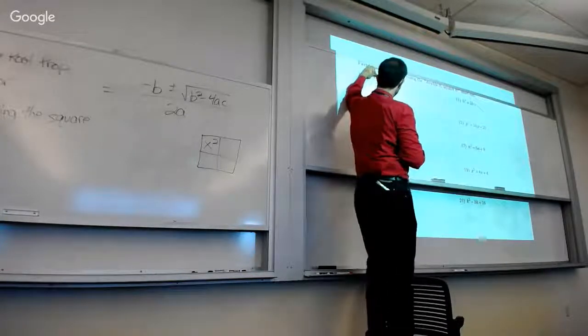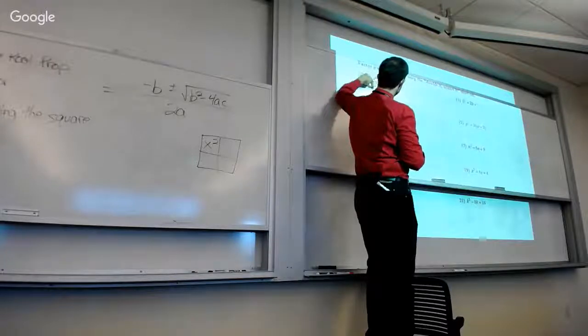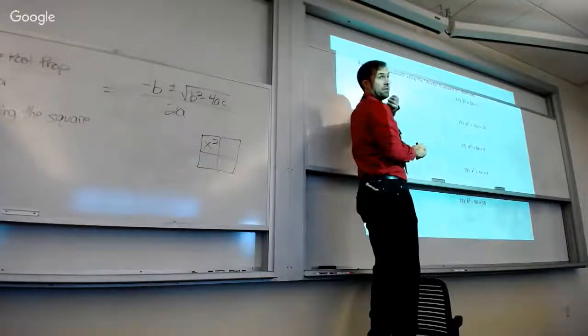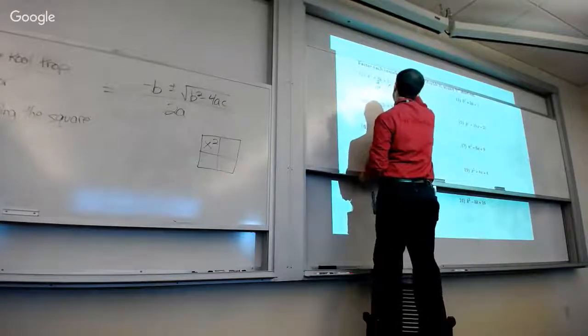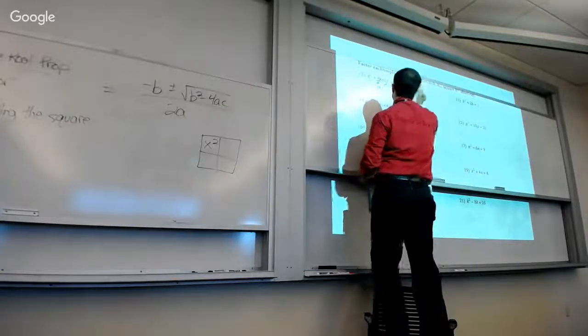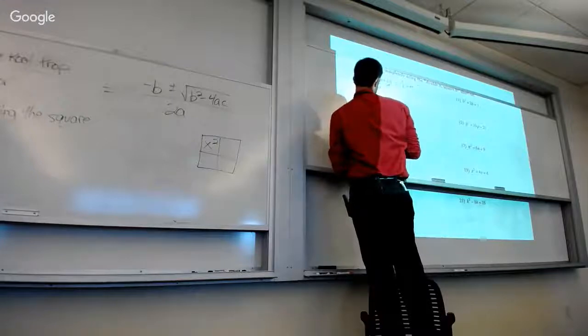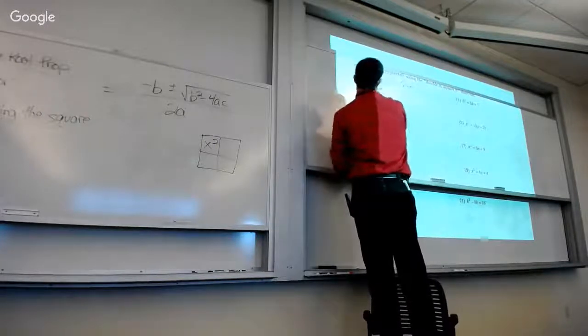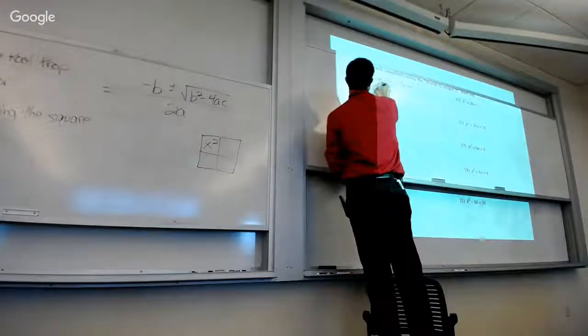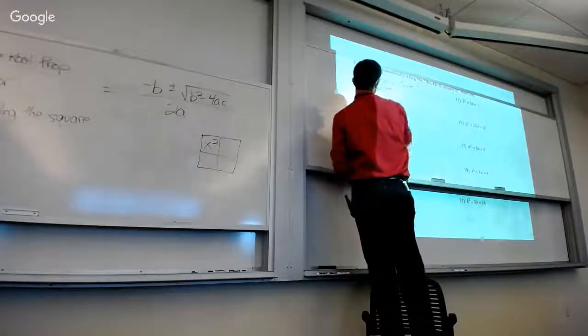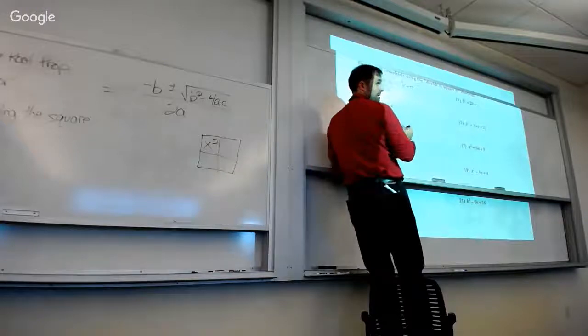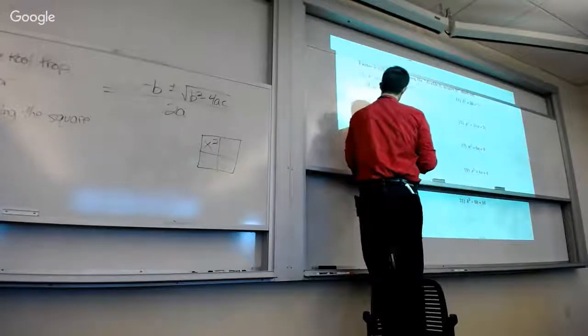You take the middle number, you divide it by 2, and then you square it, and it should give you the last number. And if that's true, then you can go ahead and just write it down as k plus 4 squared. So yes, it worked out, and the magic number is 4, as in it's k plus 4 squared.